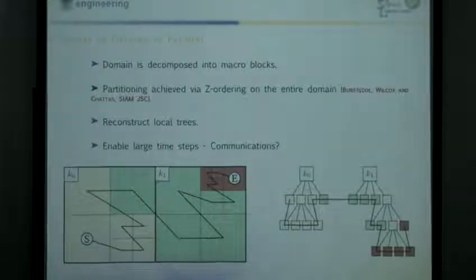So the partitioning here actually comes from the group of Gadas with our colleague PDE. What they have done is they have created a library that is based on the so-called z-ordering. So just look at, maybe just that portion, K0. K0 is one tree, okay?